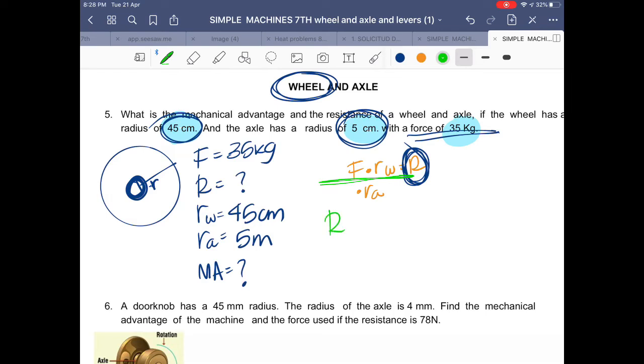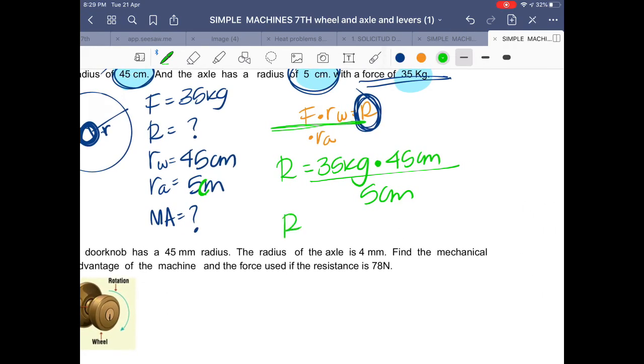So we have resistance equals force, which is 35 kilograms, times 45 centimeters, divided by 5 centimeters. Here I forgot to put the C. So resistance equals, we cancel centimeters with centimeters, and 5 becomes a 1, 45 becomes a 9.